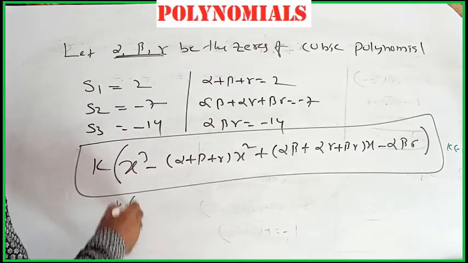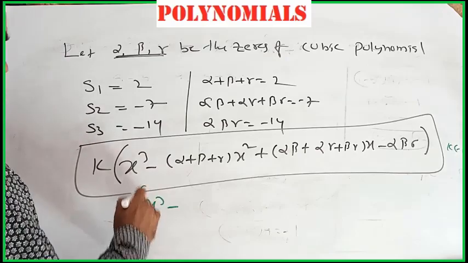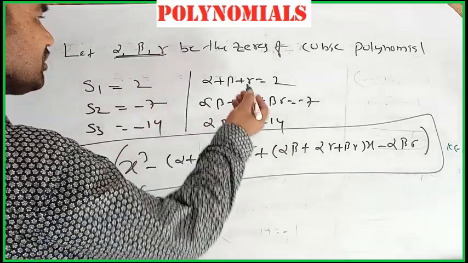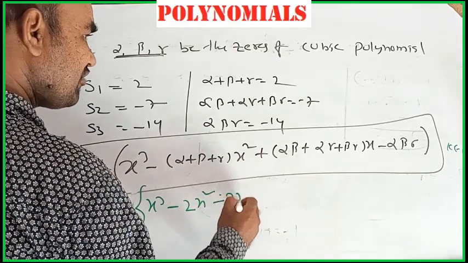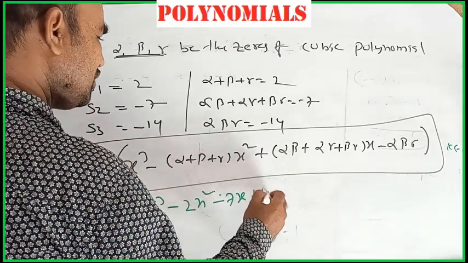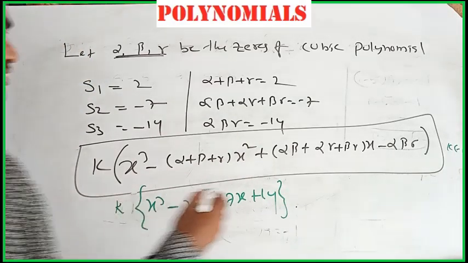So k times of x cube minus 2x square minus 7x plus 14. So this is the required polynomial where k is any non-zero real number.